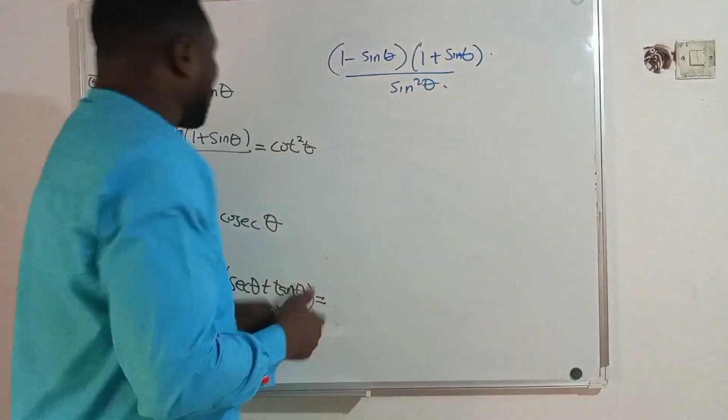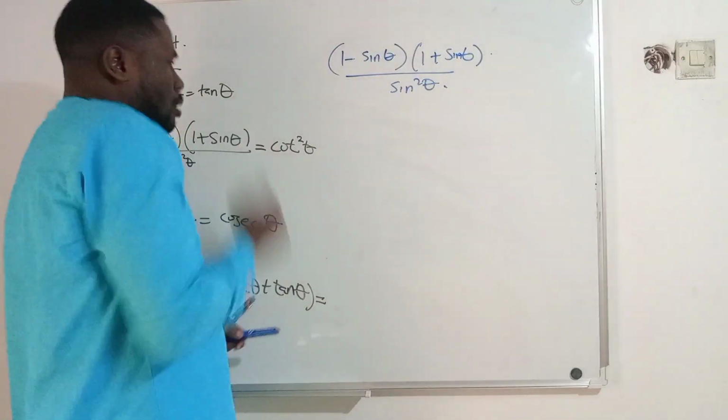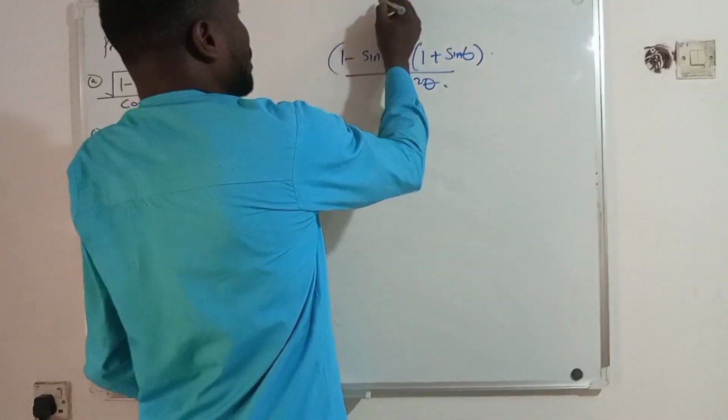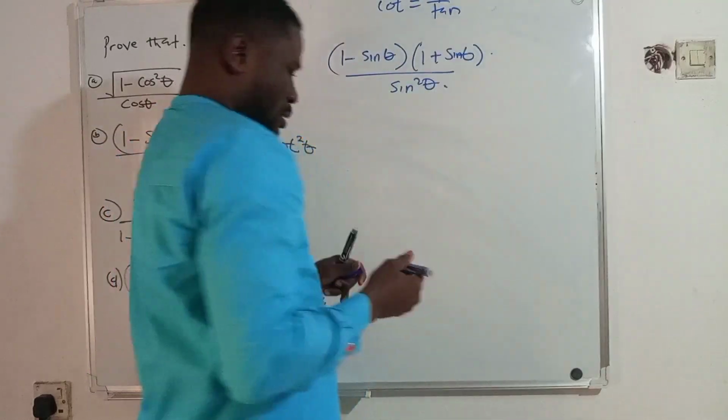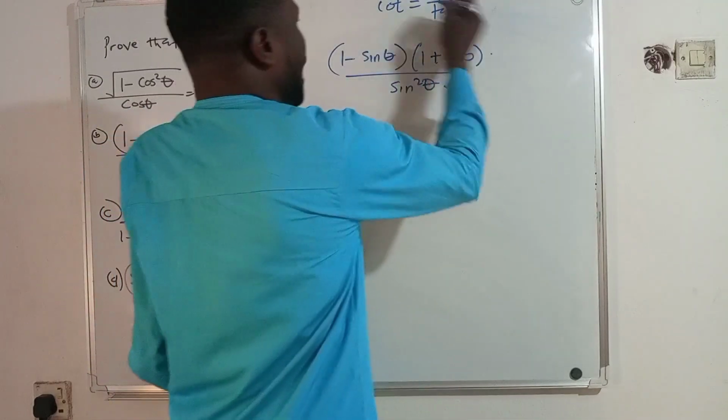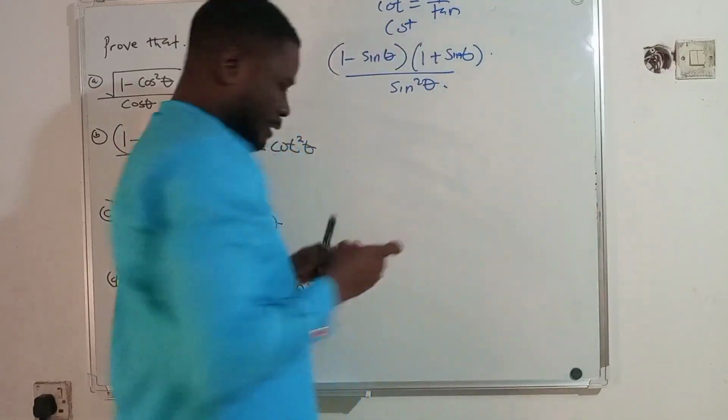So the question now is, what is cot? If you have to remember what cot is, remember that cot is always 1 all over what? Tan.